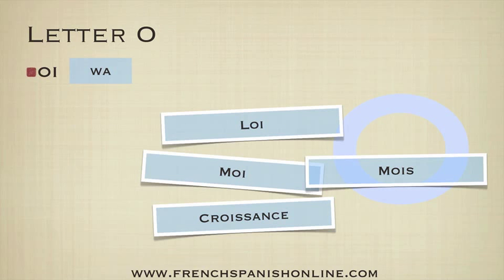Moi for myself and moi for month. Here the difference is not of the letter O, but of the letter A. Listen again. The first one for myself we say moi with the sound A, and month is moi with the sound A. Moi, moi. It's not the same A.